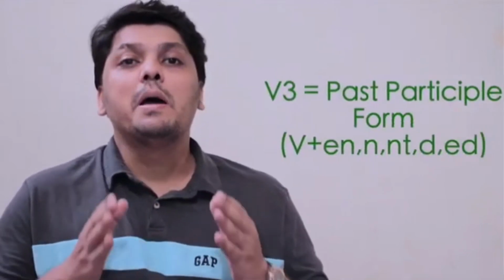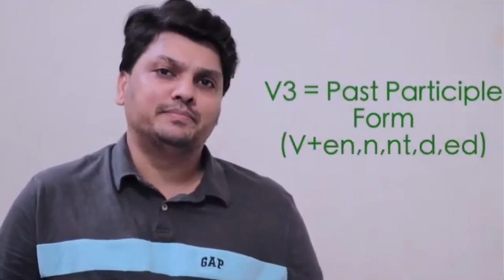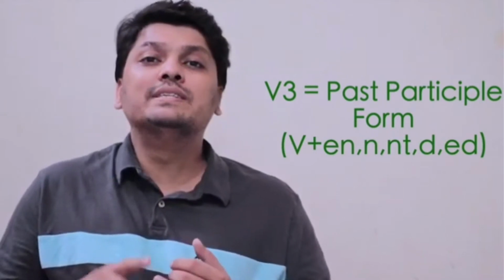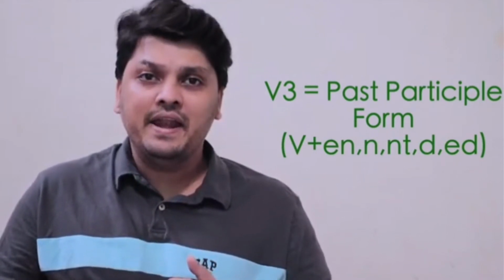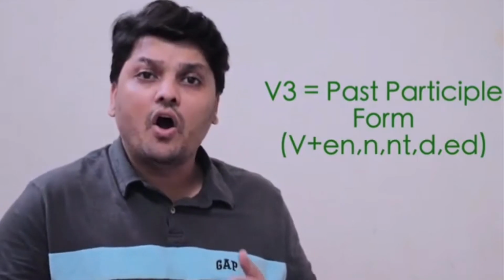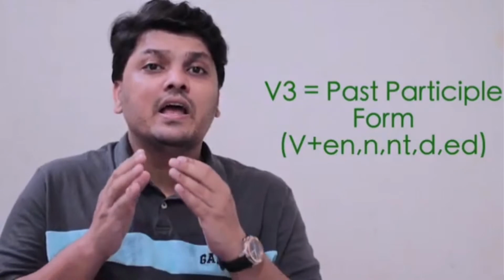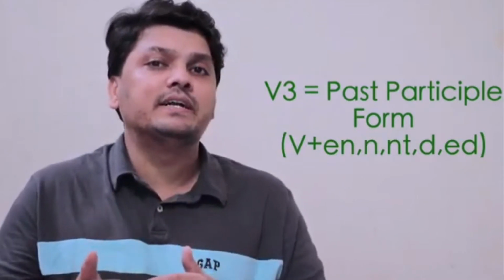V2 stands for past form. V3 stands for past participle form. And what is this past participle? With verb, you will see en, n, nt, d or ed. If you add these suffixes in verb, the verb will turn into past participle.